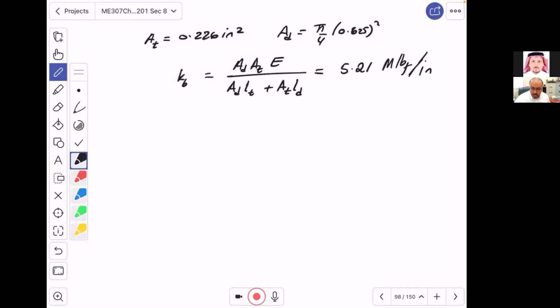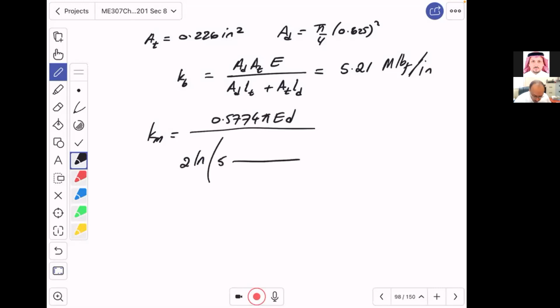Since it is made of cast iron, we would say that Km is equal to 0.5774 pi E D divided by 2 ln of 5 multiplied by (0.5774 L plus 0.5 D) divided by (0.5774 L plus 2.5 D).